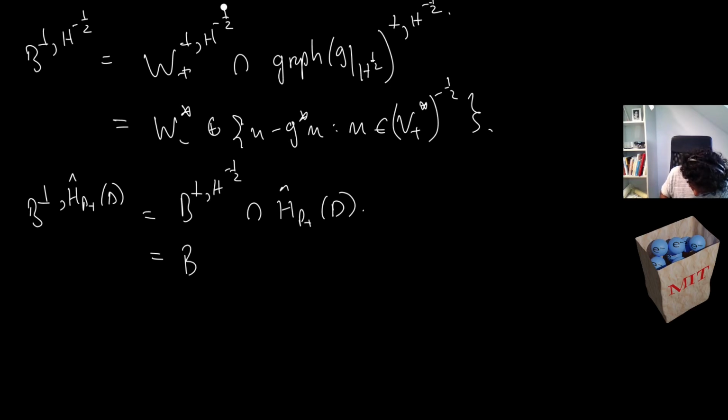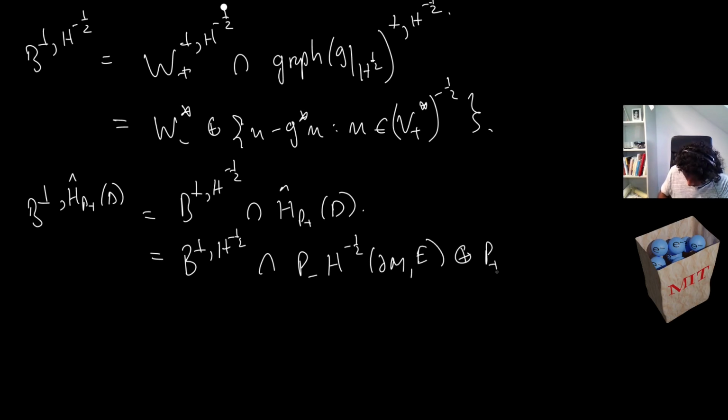Let's explicitly write this out so we can see how this comes about. So this is now going to be P minus H minus a half partial m e plus P plus H half partial m e, with adjoints, of course. Okay, so that's the hat space.